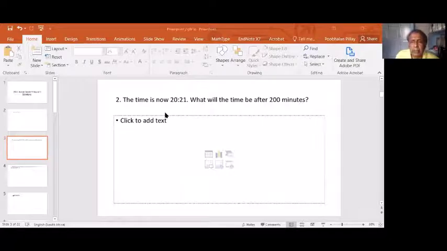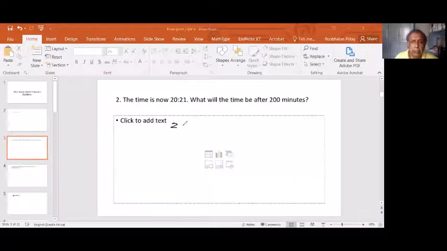Right, obviously we have to retranslate the 200 minutes into hours and minutes so that we will be able to solve this problem. So how do we do that? To translate 200 minutes into hours, you have to divide by 60.